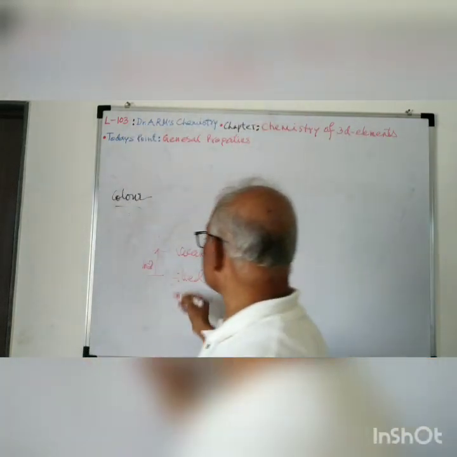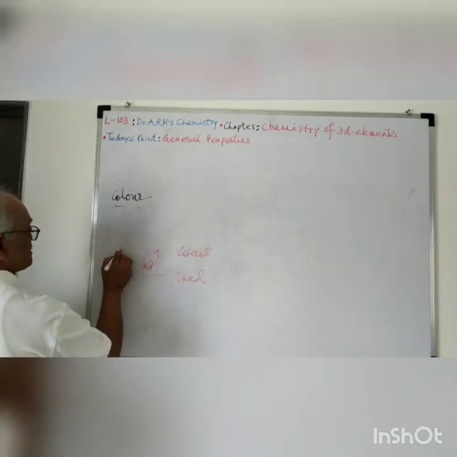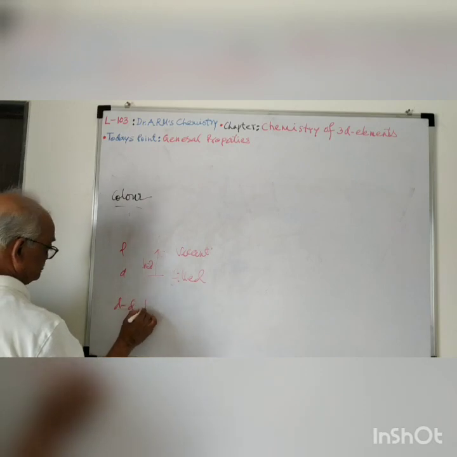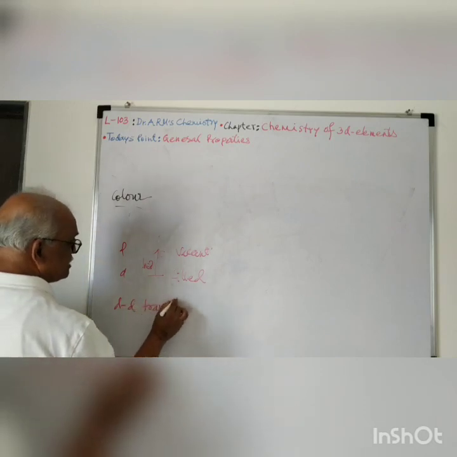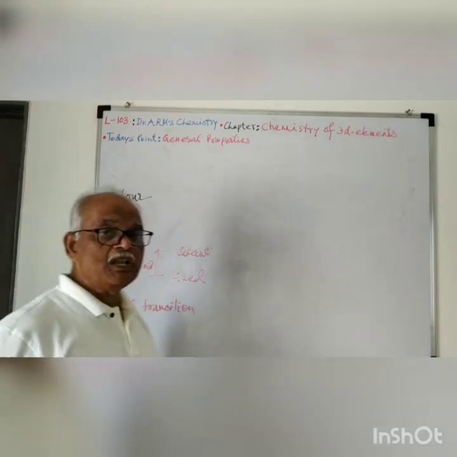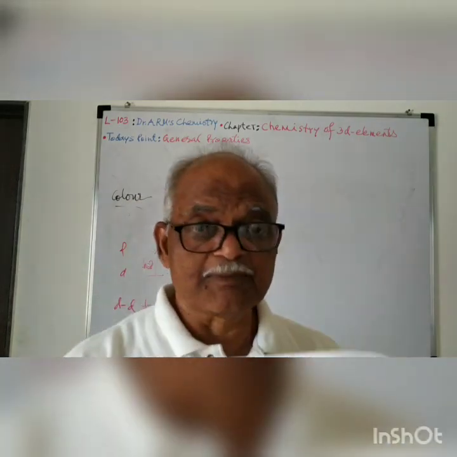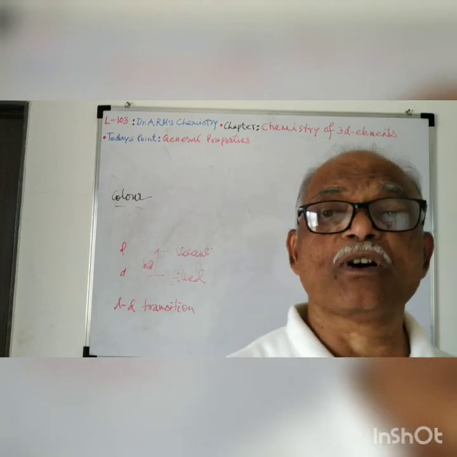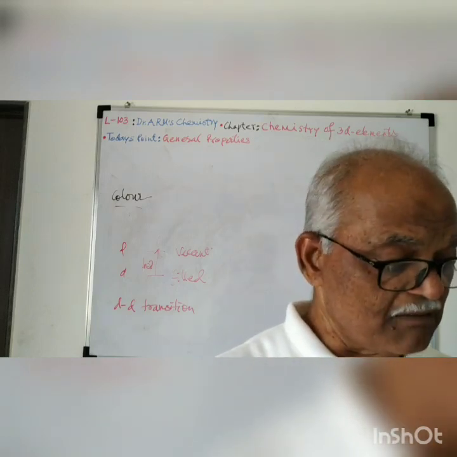And these are D levels. So this is also a D level, this is also a D level. Therefore it is called d-d transition. So d-d transition is responsible for exhibiting colors of the transition metal compounds.